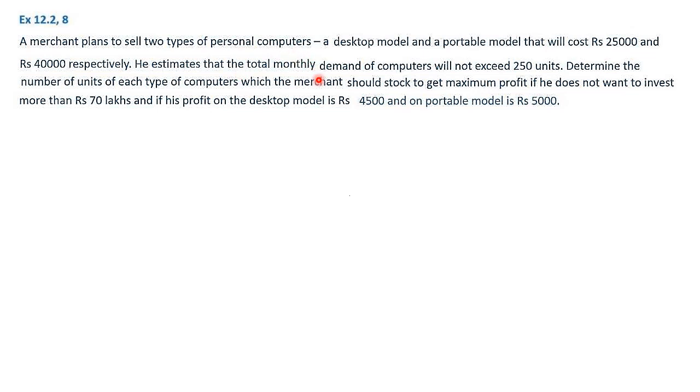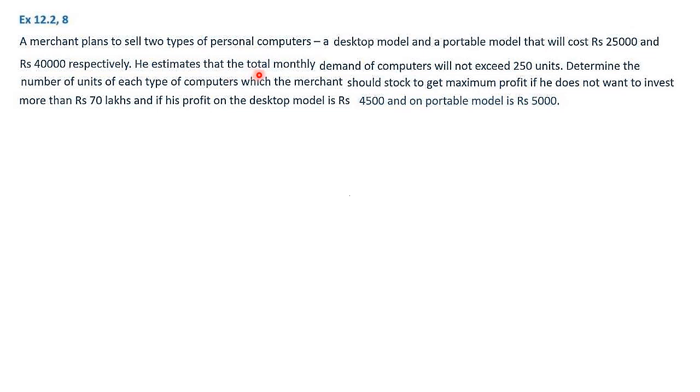So we have to find out the answer, and for that we have to go through the question once again in detail. A merchant plans to sell two types of personal computers. The question is dealing with the two types of computers. The first one is a desktop model and another one is a portable model. And the desktop model will cost rupees 25,000 and portable model will cost rupees 40,000.